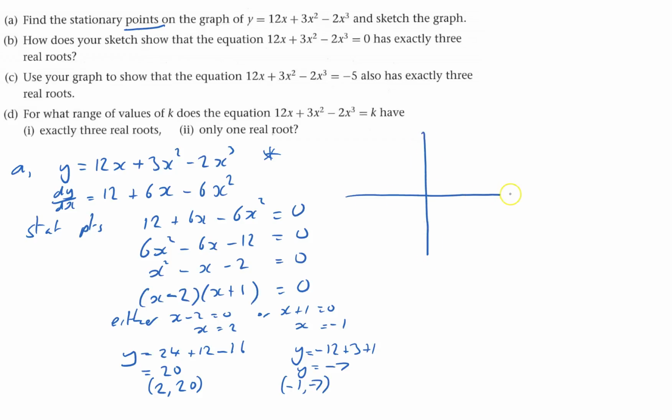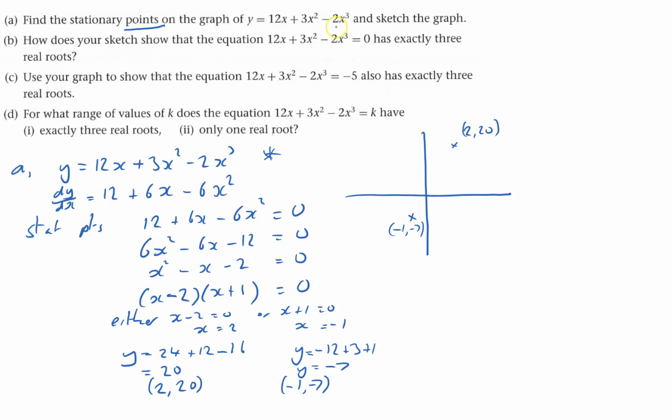So like so. And (2, 20) is that point there. The gradient is 0 there. And (-1, -7), the gradient is 0 there too. That's not very accurate, so let's do it a bit more to scale, about there. That's (-1, -7).